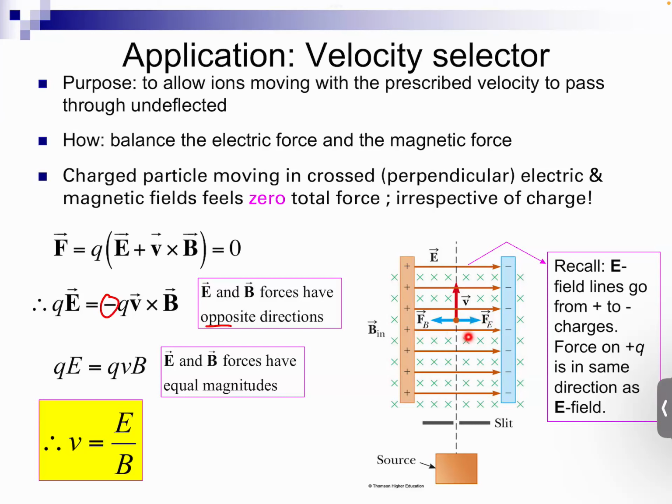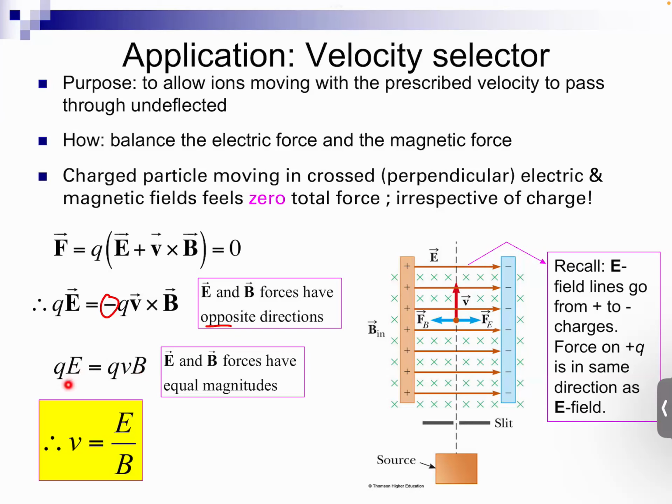As you see here, the direction of the electric force is opposite the direction of the magnetic force. If the magnitudes are equal, then these two forces cancel each other out. So effectively, your moving charge will experience 0 net force, and your moving charge will just pass through the velocity selector straight through without being deflected. Okay.